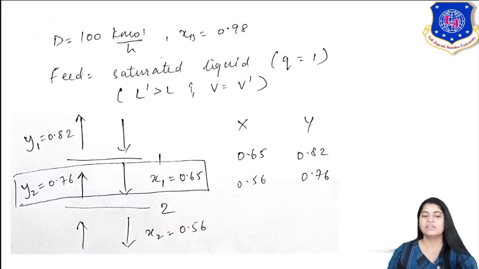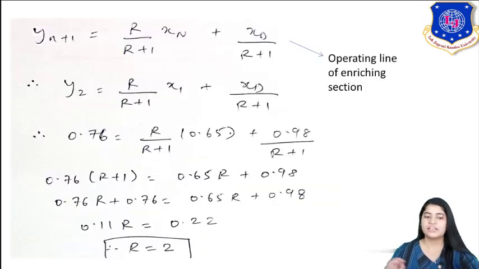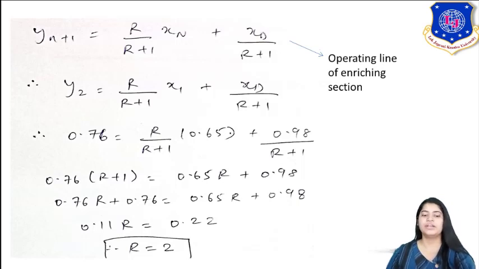Is that clear? From plate 2, Y2 is leaving, whereas from plate 1, X1 is leaving. Substituting the values, 0.76 is equal to R upon R plus 1 into 0.65 plus 0.98 upon R plus 1. Solving it, you get R as 2.